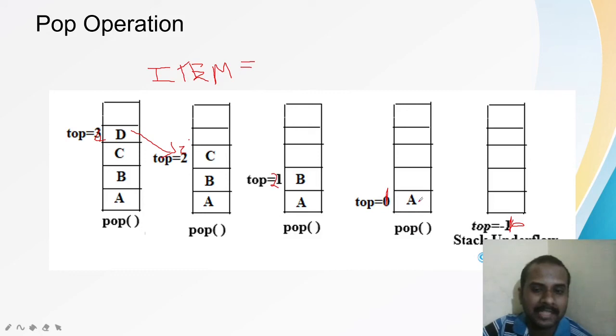That means A got deleted. And what about top? Top will be decremented by 1. So top was pointing to 1, so decrement it by 1. So top is equal to top minus 1, that is 1 minus 1, that is 0. So when top is already 0 and you try to delete an element again from the empty stack, that is called stack underflow.